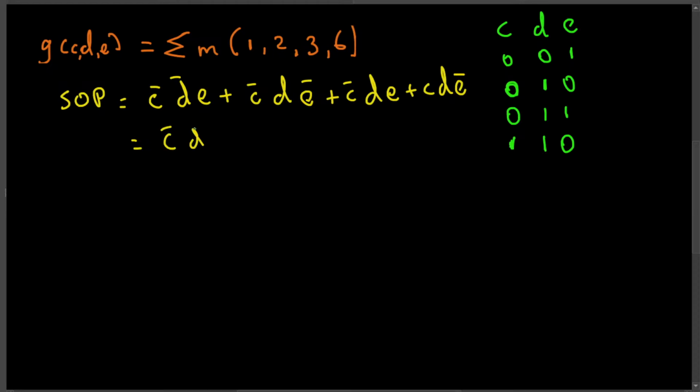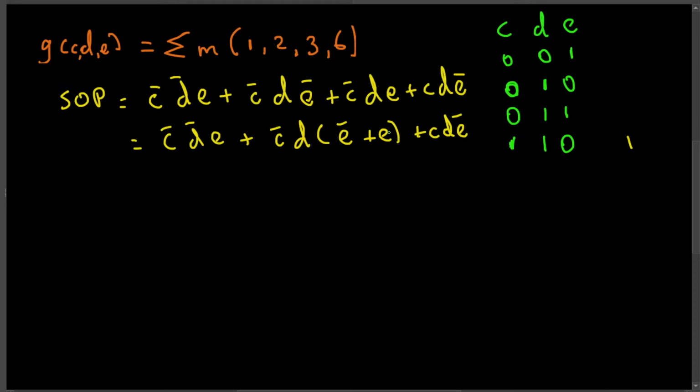C complement, D complement, E, plus here you can see I can take the C complement and D common. So this is going to be C complement D right here, and then this is going to be E complement plus E right here, and then we have C D E complement left. This is one of the Boolean algebra properties that whenever we have a variable and its complement, that's going to be equal to 1, because let's say E is 1, then the other one is going to be 0. 1 plus 0 is 1 in OR gate, right?